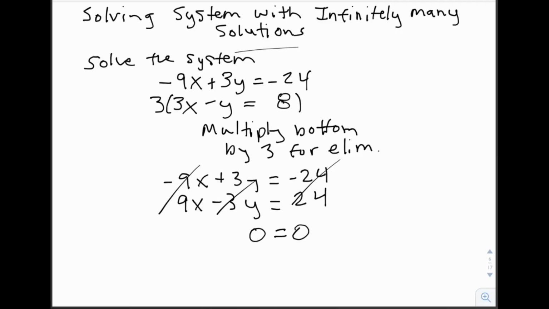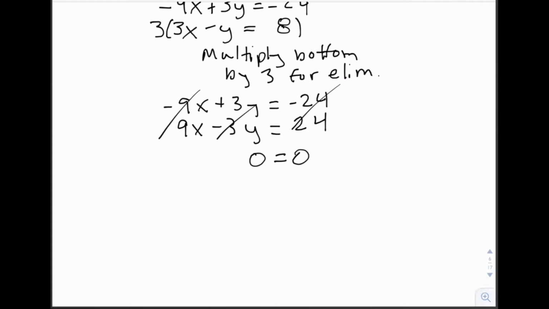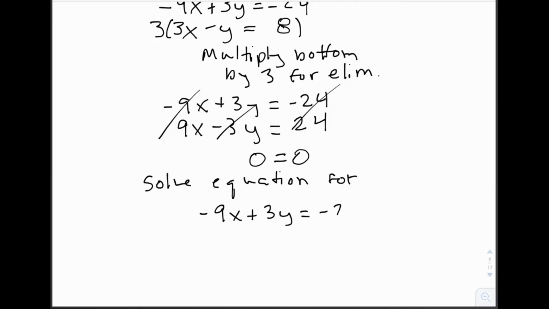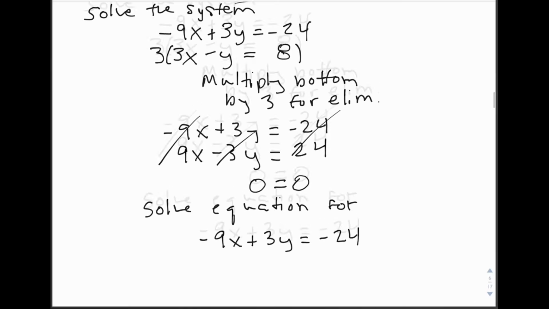So what we need to do is solve the equation for y. It doesn't matter which one, you just need to pick one of them and solve for y. Let's take -9x plus 3y equal to -24, our top original, and solve it for y.